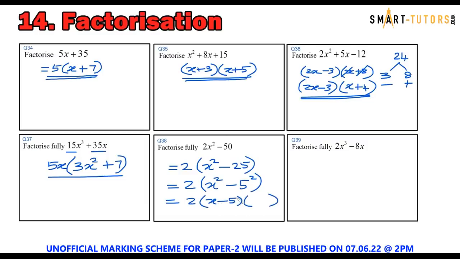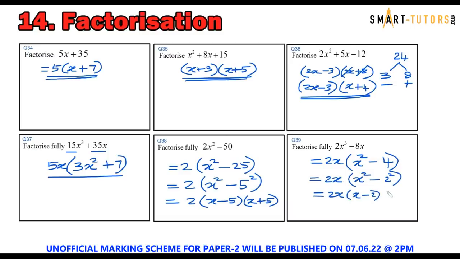And here you can take the 2x out, x squared minus 4, which is x squared minus 2 squared, then 2x, x minus 2, x plus 2, and that is the answer for question number 39.